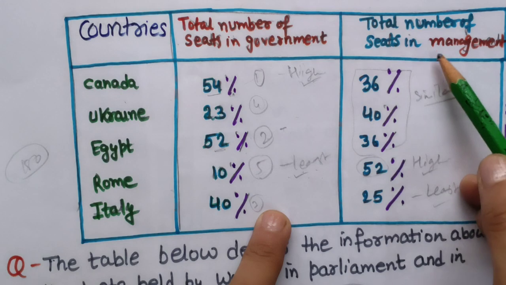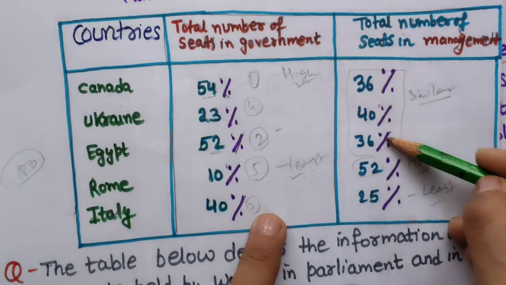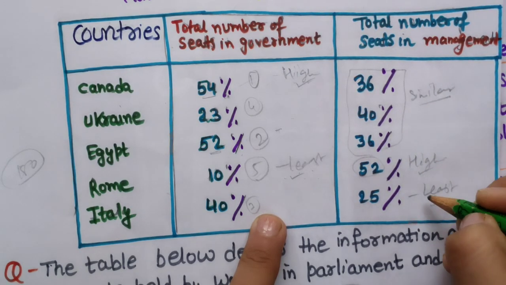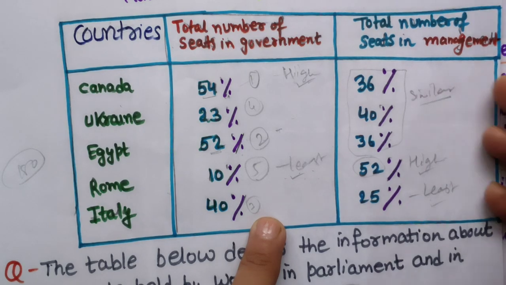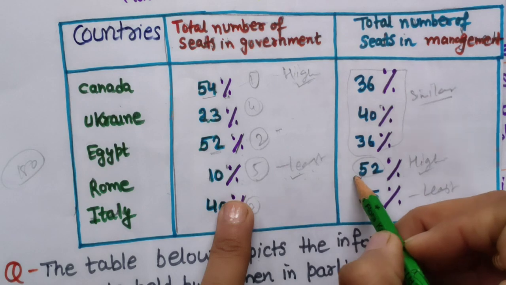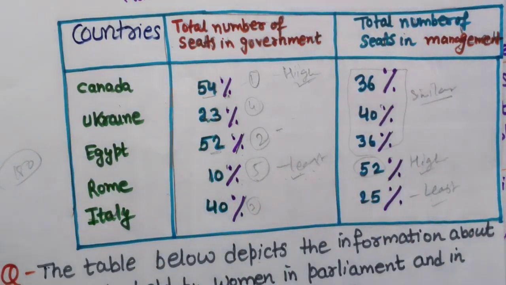But in the managerial sector you can see these 3 countries are at the same position, but here Rome is at the highest number and Italy is at the least number. So there is a lot of difference in percentage at Rome. Okay, so this overview we are going to write.